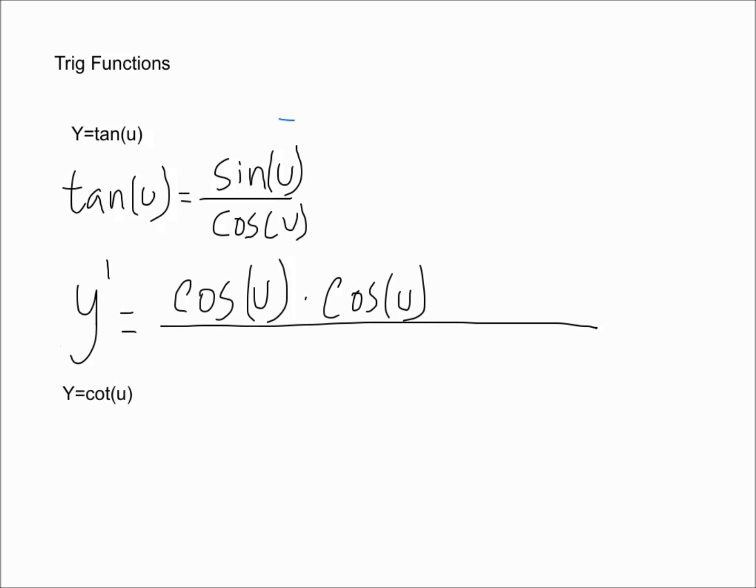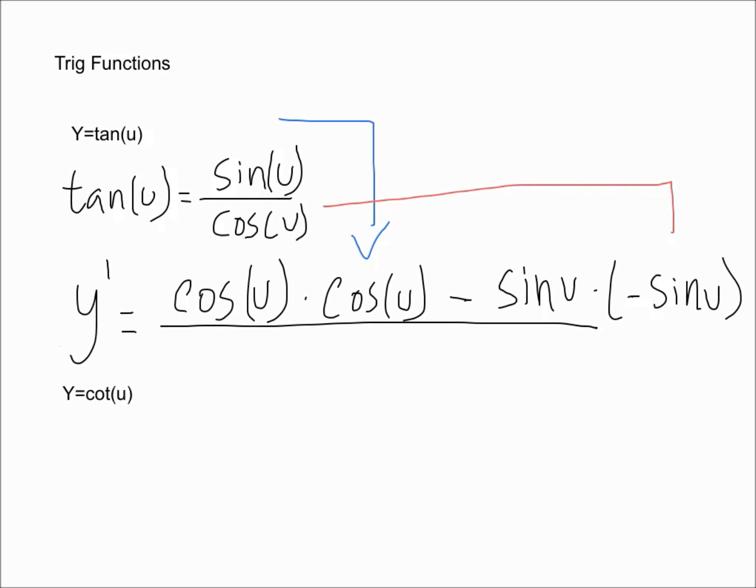This is the sine of u derived into cosine, minus, because it's a quotient rule, we'll have the sine of u times the negative sine of u, and this is the derivative of the cosine of u, over cosine of u squared. So all of this squared, not the u squared, but the whole cosine.